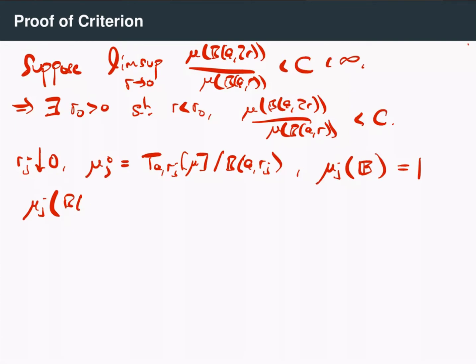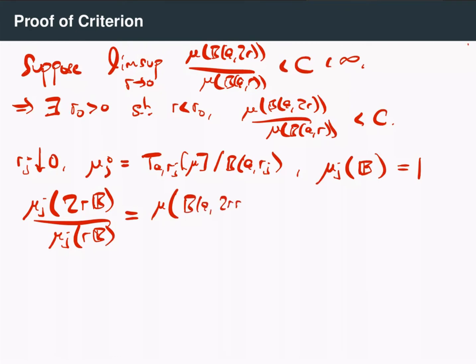Okay, now also observe that if we look at mu j of twice some number r times the unit ball divided by mu j of r times the unit ball, well, by definition, this is going to equal the mu measure of the ball centered at A of radius 2r rj divided by the measure of the ball centered at A of radius r rj.